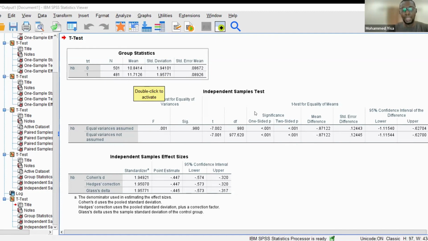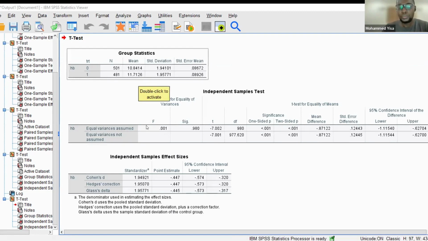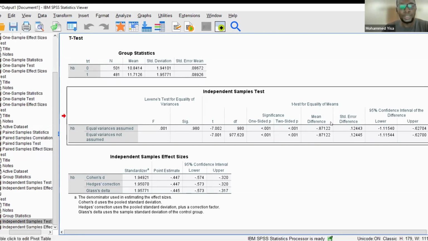So at the end of the day, those who were treated with iron had, on average, hemoglobin 0.87 gram per DL higher than those who were not treated. Mind you, this is independent sample, so we are not looking at before and after. This is data at the end of the study, and we are comparing it between 2 groups.